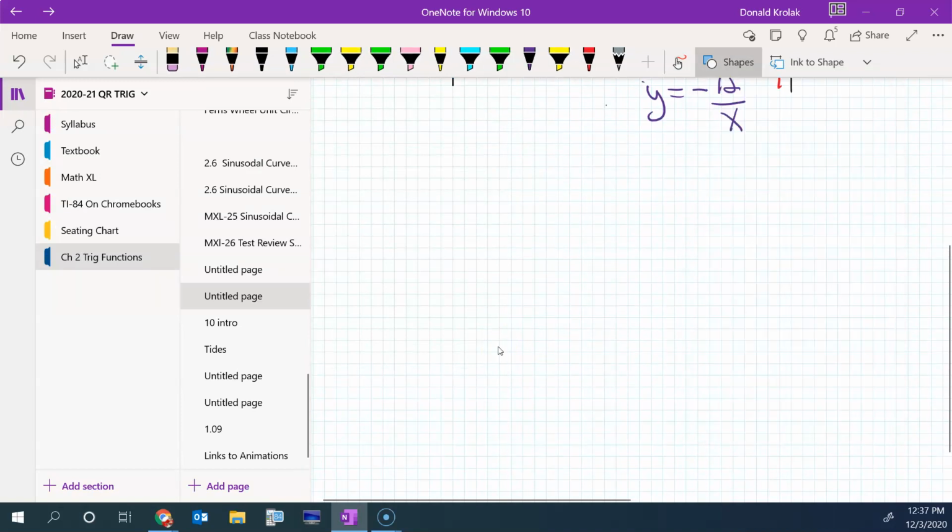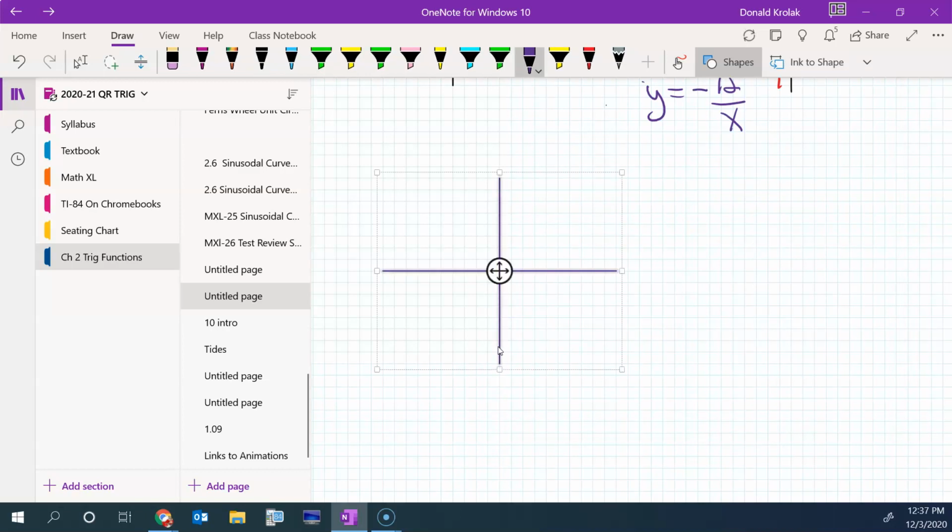The other thing was, if I said, sketch 6 over x. What we know now is that this is positive, so it's going to be in this quadrant and in this quadrant. And I know the points that are on it are going to multiply together to be 6.